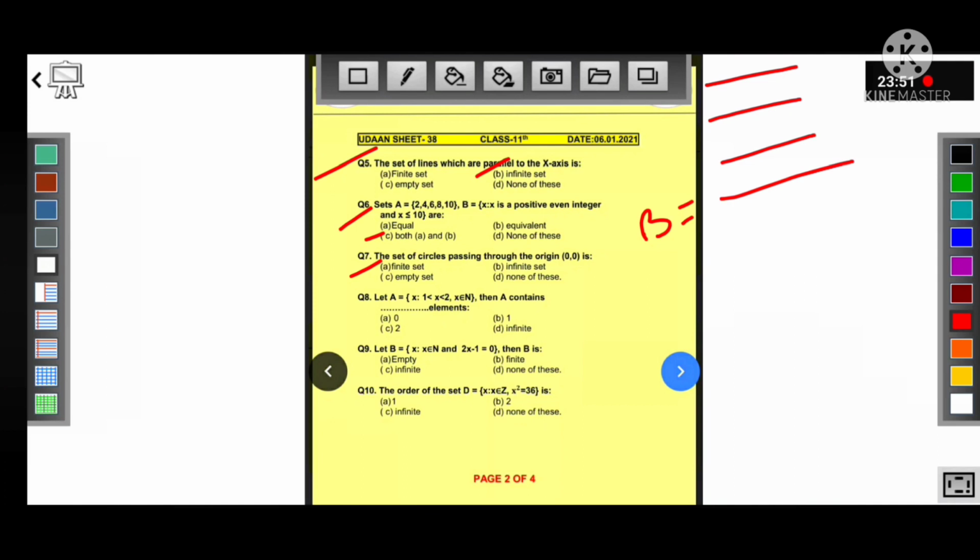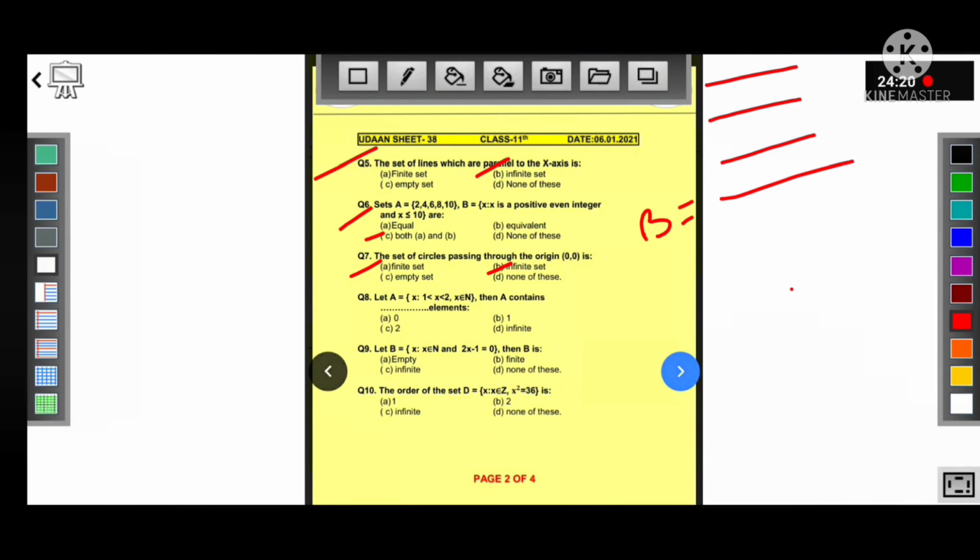Next question number 7. The set of circles passing through the origin is, because there are an infinite number of circles which are passing through the origin, so this is an infinite set. Next question number 8. Let A be equal to {x such that x is a natural number and x lies between 1 and 2}, then A contains dash elements.